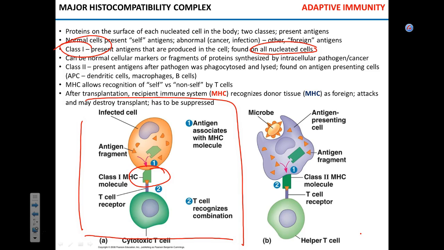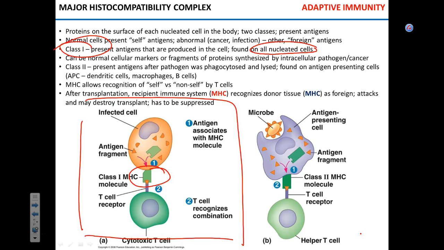Don't tell anyone. Okay, so all cells, except red blood cells and platelets, have MHC class 1. All of them. Your hepatocytes, your fibroblasts, your immune cells have MHC1. Does that make sense? Are we clear on that?